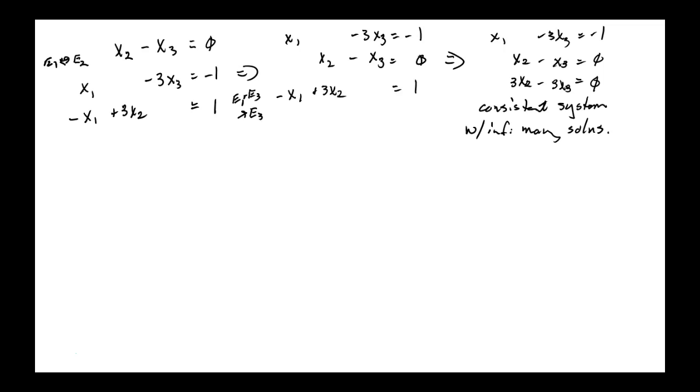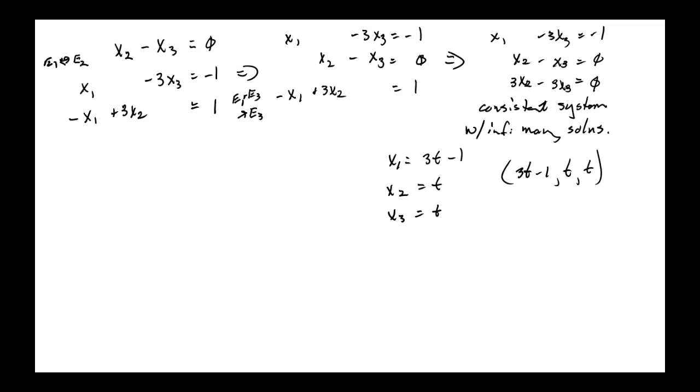Okay, they didn't go that far. Yes, they did. They said x sub 1 is equal to 3t minus 1, x sub 2 is equal to t, and x sub 3 is equal to t. So your ordered triplet would be 3t minus 1, comma, t, comma, t, where t is any real number.